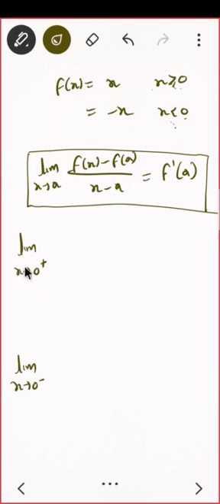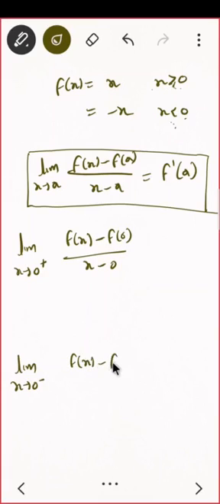When you take x tending to 0 plus, this will be f of x minus f of 0 upon x minus 0. And for x tending to 0 minus, it will again be f of x minus f of 0 upon x minus 0.